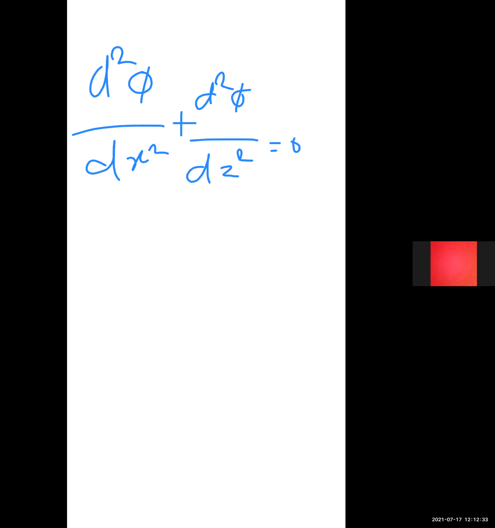One set of lines is called streamlines, and the other set is called equipotential lines.